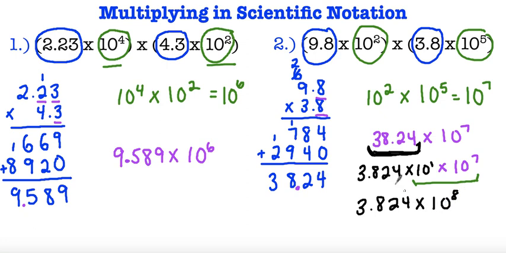And that's my final answer. So if we end up with a final answer that is not in correct scientific notation form, we do have to change it. So these two are equivalent, however, one is in scientific notation and the other one is not. So that's why we had to change it.